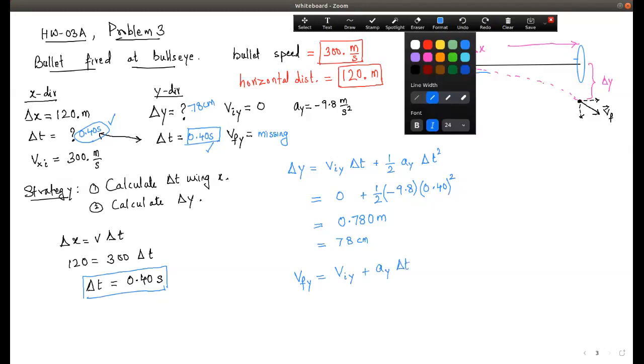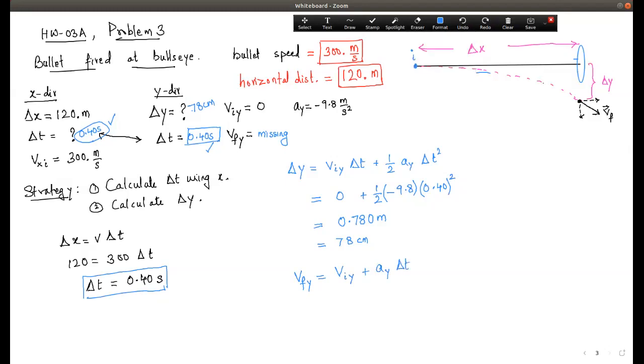This is not asked in the problem, but just for information, this is 0 minus 9.8 times the time, 0.40 seconds. It comes out negative, and that's your v final in the y component of that velocity.